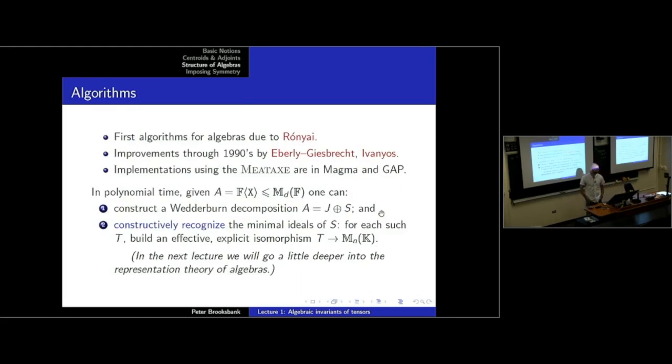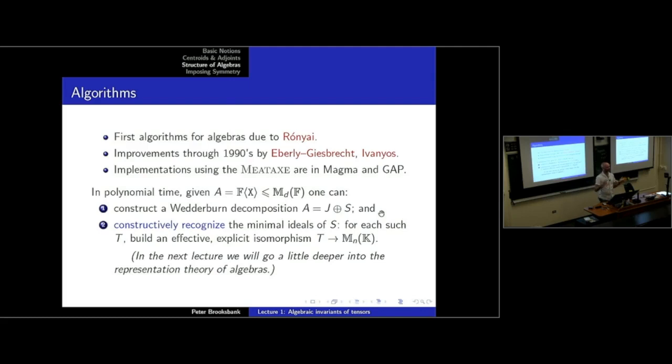So the first algorithms really were due, I believe, to Lajos Rónyai. Certainly the first paper that I saw that talked about the structure of these algebras, how to actually access the structure of these algebras. This is a paper that I think came out in 1990, Journal of Symbolic Computation, I think. He basically gave some nice theoretical ideas for how to go about computing these things, without thinking too much about practical implementations.